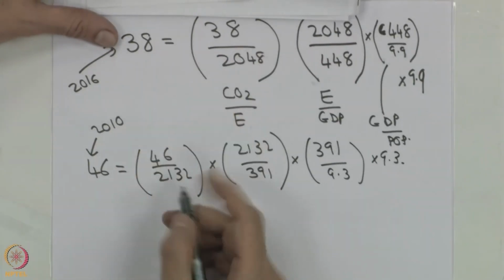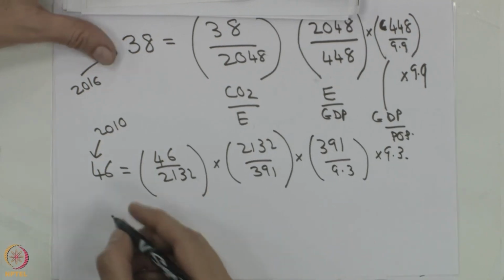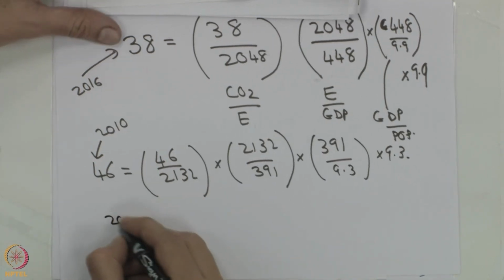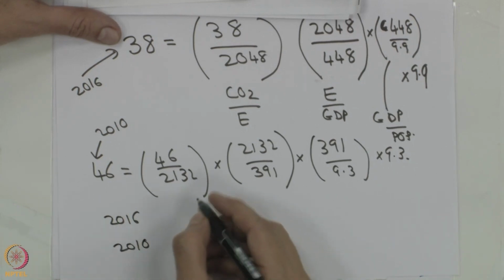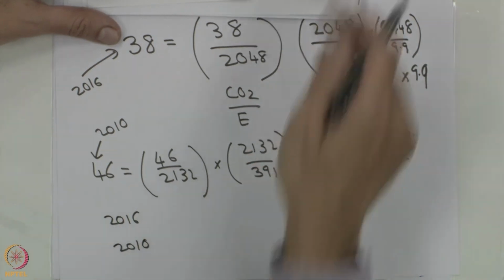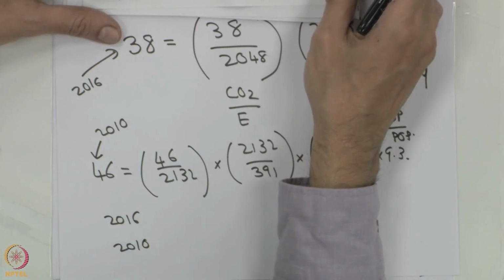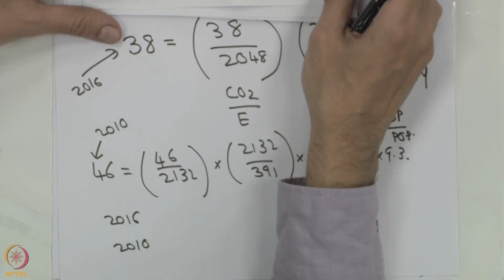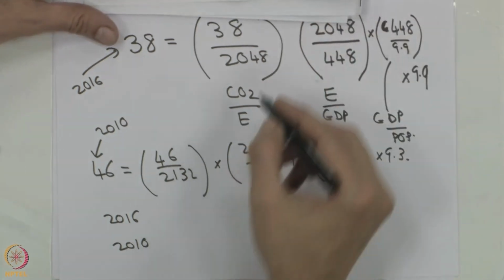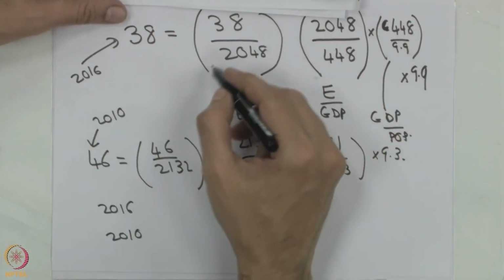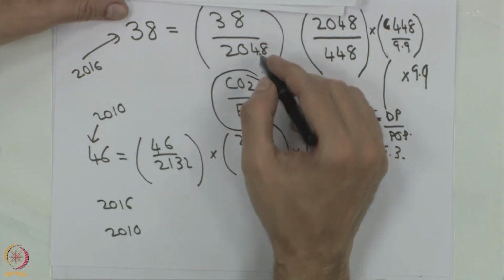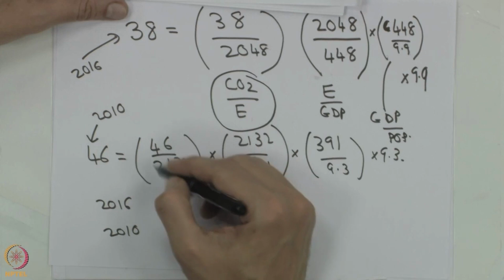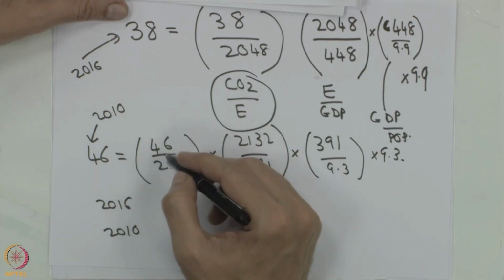So, if you look at this first term in 2016 and 2010, this turns out to be the number in CO2 kgs. You see, what happens in this case is that we have a decrease in the carbon intensity. 38 by 2048 is less than 46 by 2132.